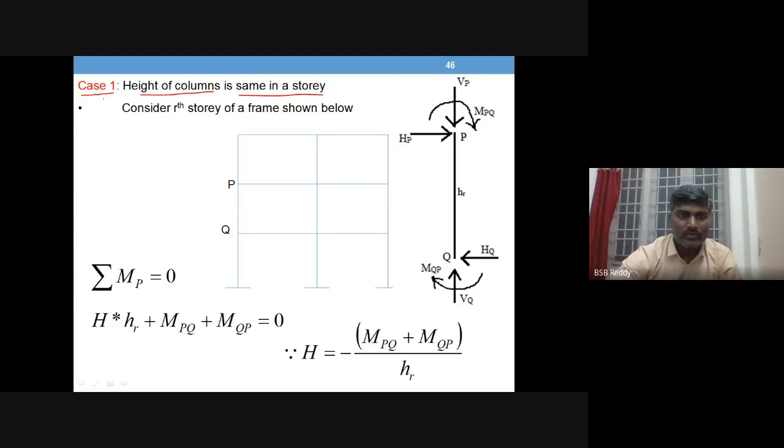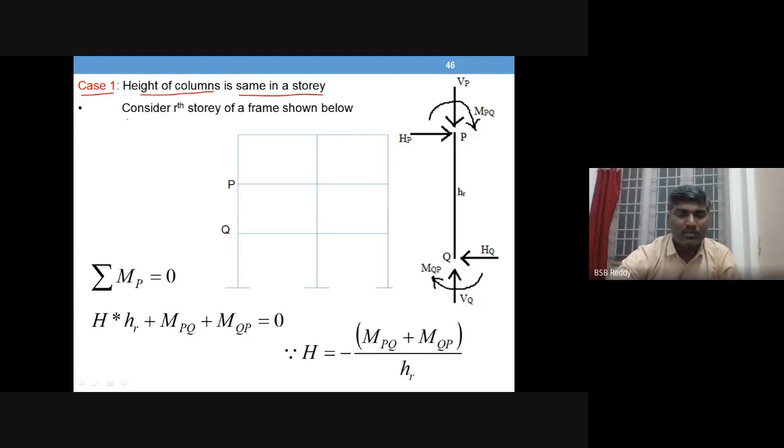So this is case one, and that we will deal it as case two, right? So to incorporate the sway quantity, the sway moments into the Kani's evaluation procedure, the present discussion is required.